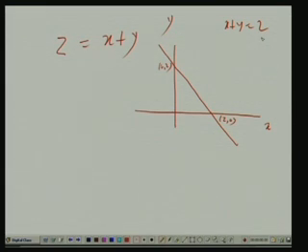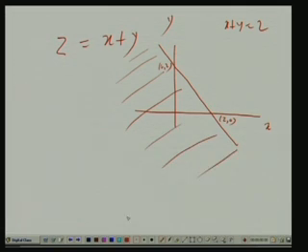That can happen only if, as you can see, I consider this region, because here if you take any point xy, x plus y, whatever is the constant value, will correspond to a particular line, and obviously that line will be to the left of this line. The value of z will be less here.